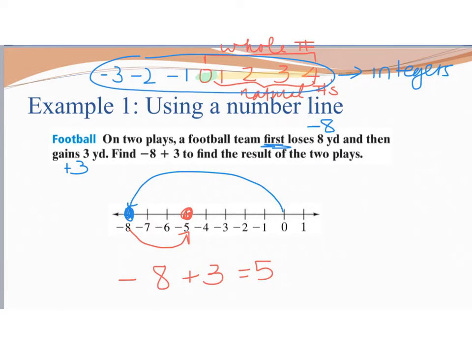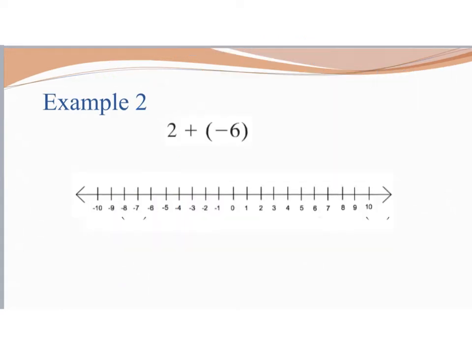Let's take a look at another example. Example 2 says that we have 2 plus a -6. So here's my 0. I'm going to go forward 2 because it's a positive 2. And then we're going to add a -6. So a negative is going to be in the left direction.